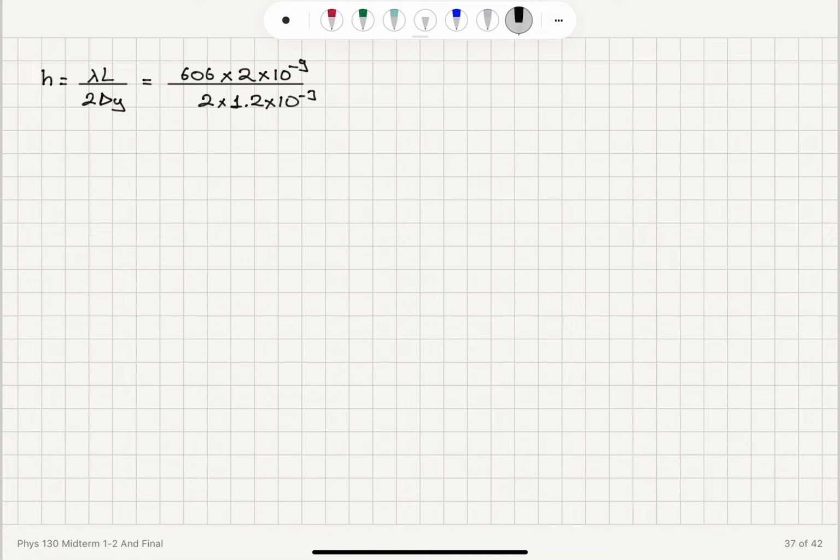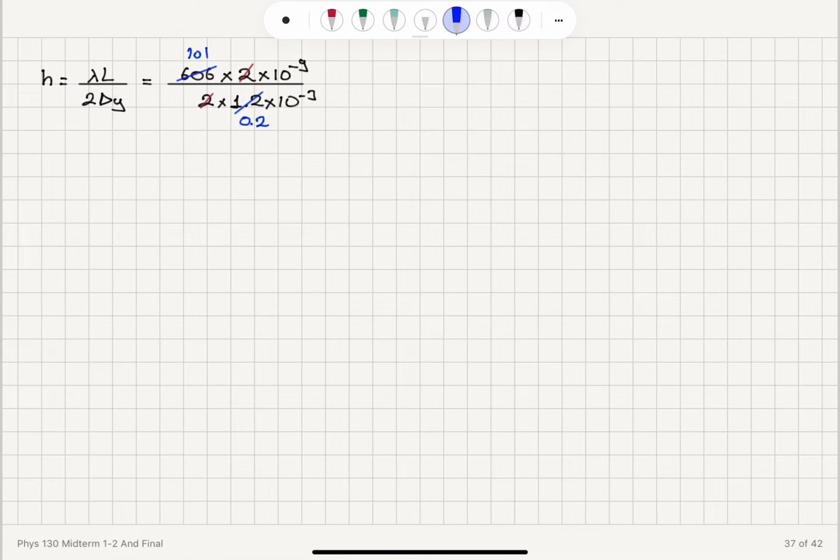Now you can see that these 2's will cancel. Alright, and we have 1.2 and 606, so when divided by 6, this becomes 0.2, and 606 divided by 6 becomes 101.